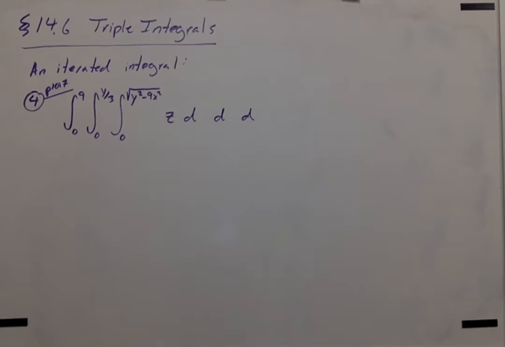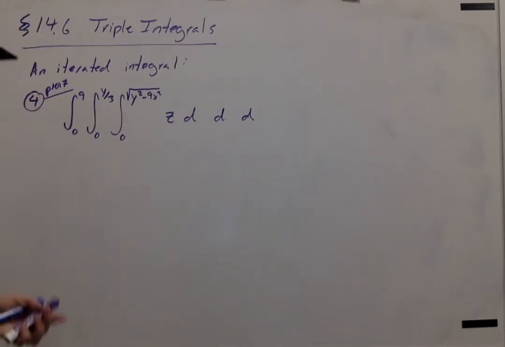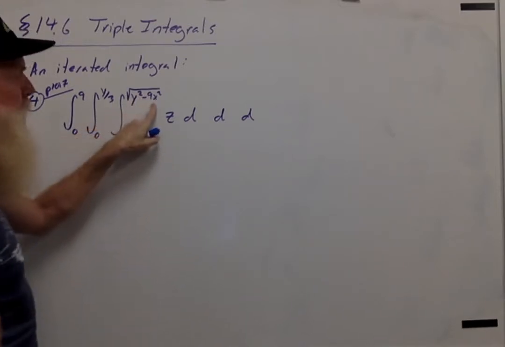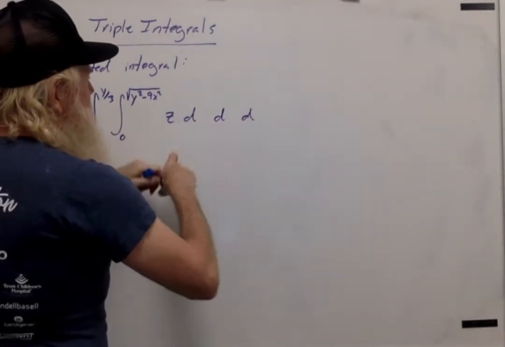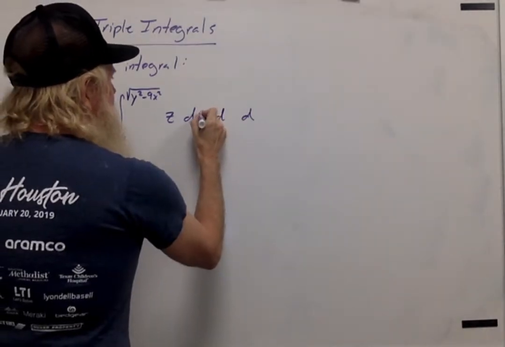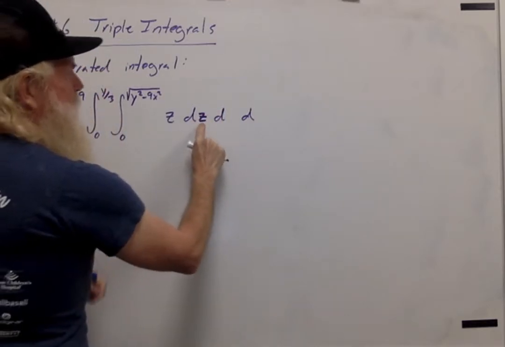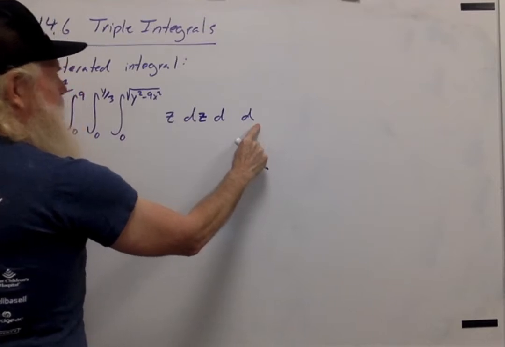Let's see if we can use context clues to figure out what these letters have to be, the x, y, and z. Notice that the bounds here involve both y and x. So that must be z, because the bounds for one variable can depend on the variables which are farther out in the integration, but not the other way around.